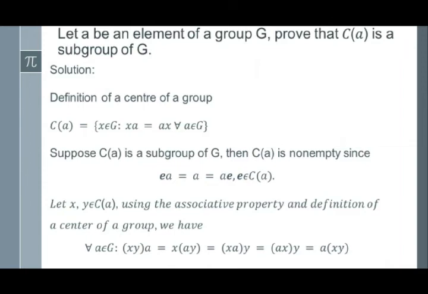Then, which implies that xy times a is equal to a times xy, and in this way you have xy is an element of C(A), and then from here we have C(A) that is closed, which satisfies the first condition.